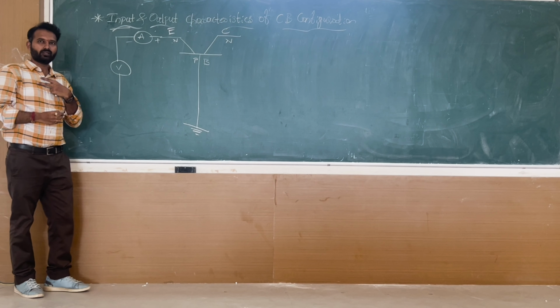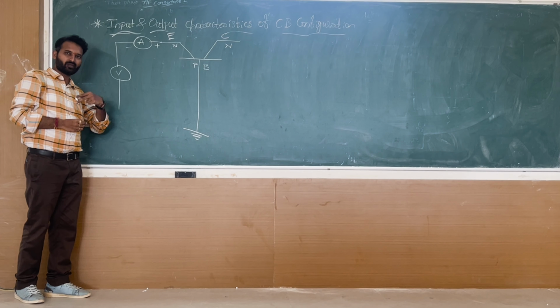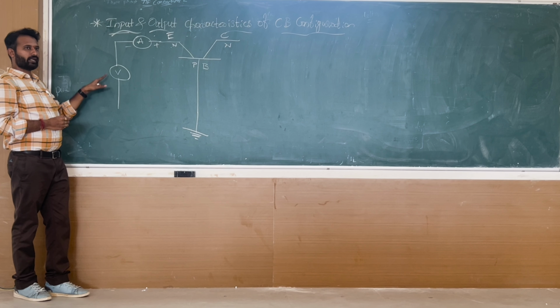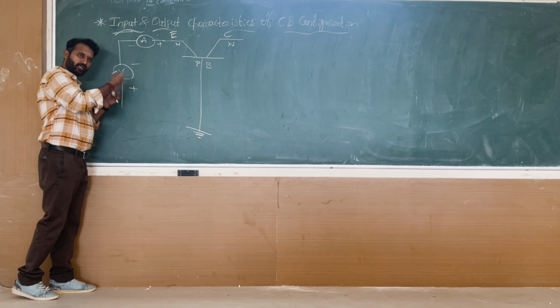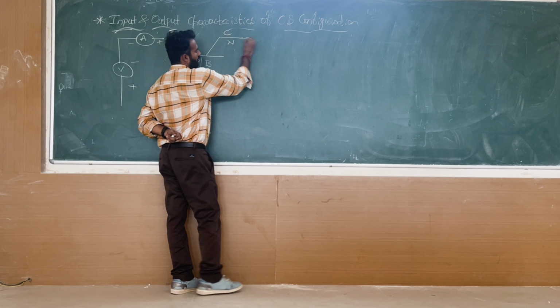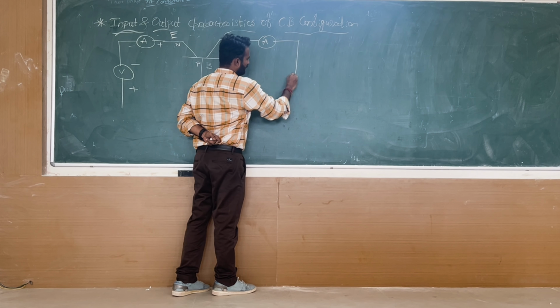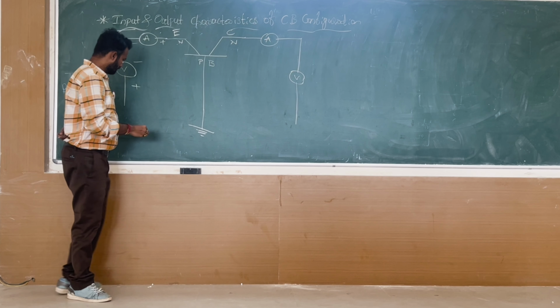Understandable? Because we are studying these characteristics practically. This we are doing in the lab. Connect an ammeter and a voltmeter at the input side. Same thing, connect an ammeter at the output side and a voltmeter at the output side. Join them.